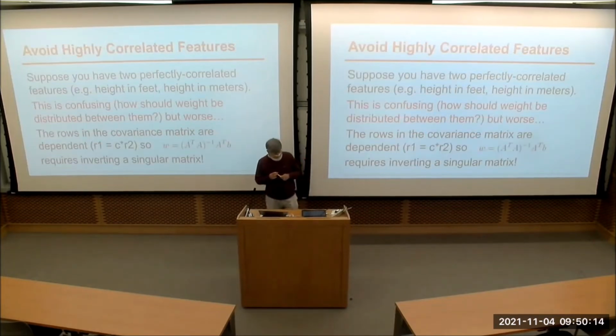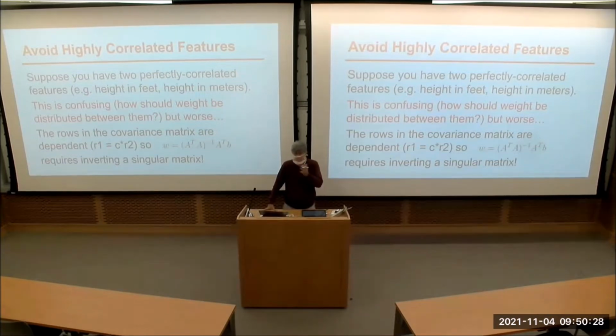One other thing that, if you think about it, should be obvious, but tends to be a problem: if you have a model where you're trying to predict a target from features, more features is better than fewer features, we believe.